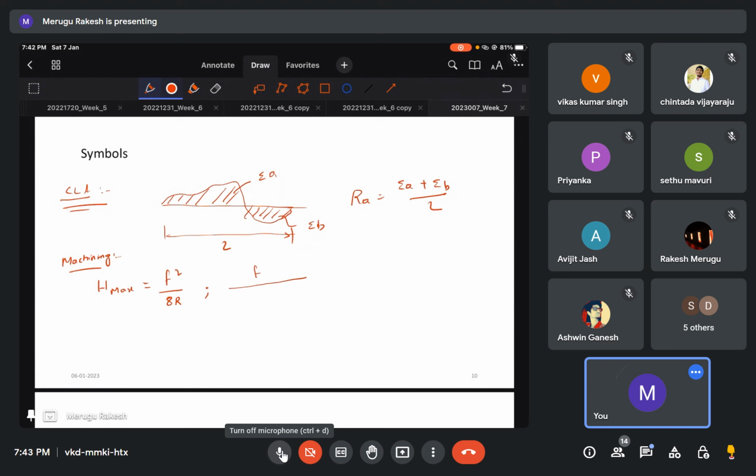Anyone remember? Tan of side cutting angle plus cot of end cutting angle.